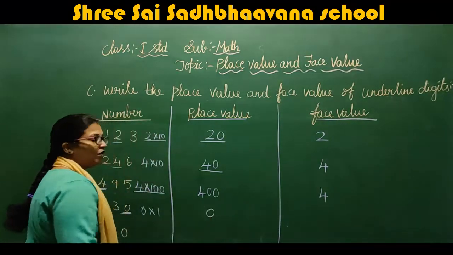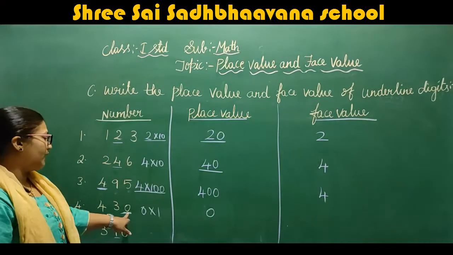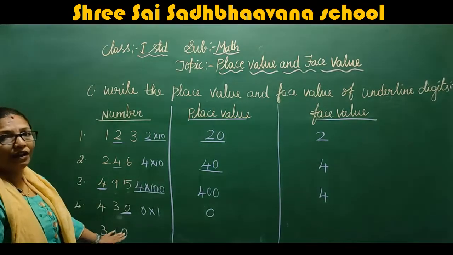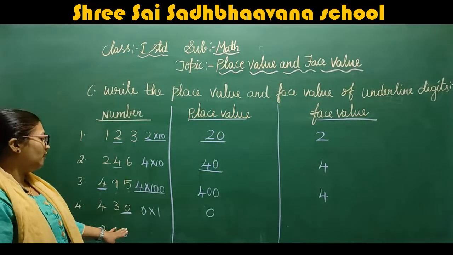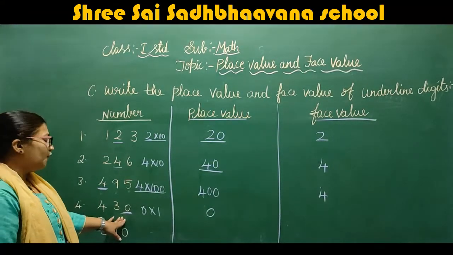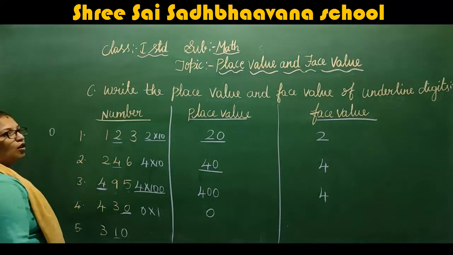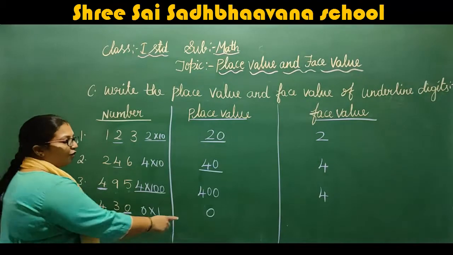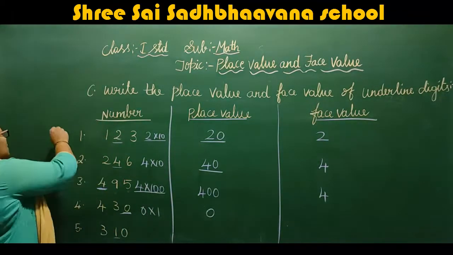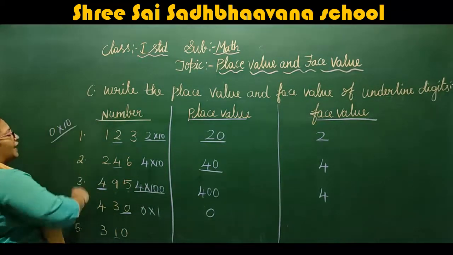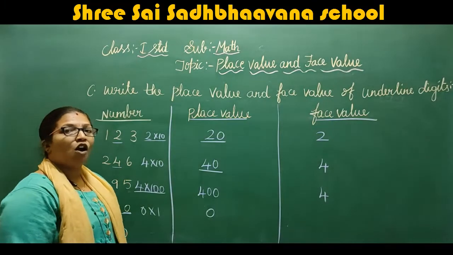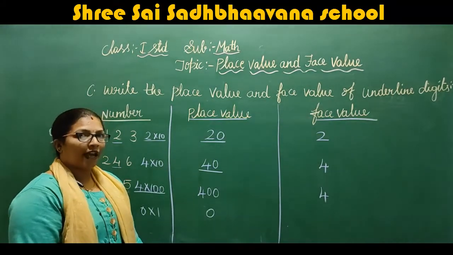So it is in the ones place. In which number will it be in the ones place? It will be the same. For example, children, if 0 is in the tens place, the place value will be 0 only, because 0 times 10 is how much? Will it come to 10?